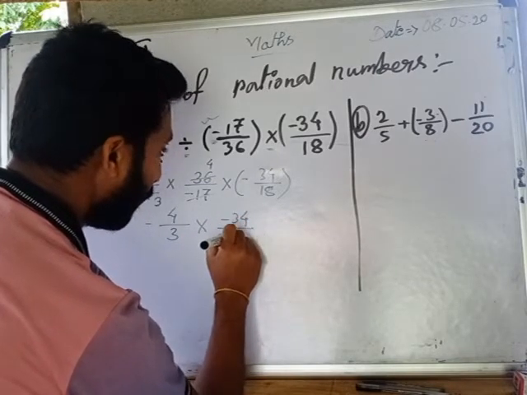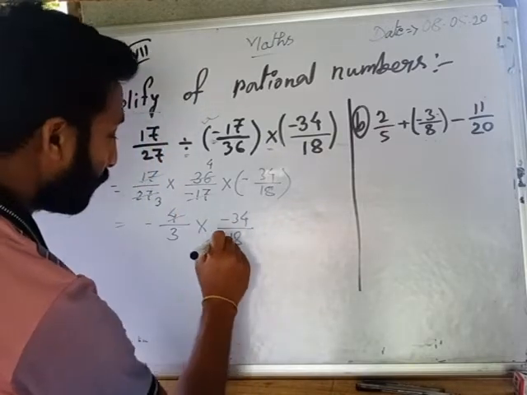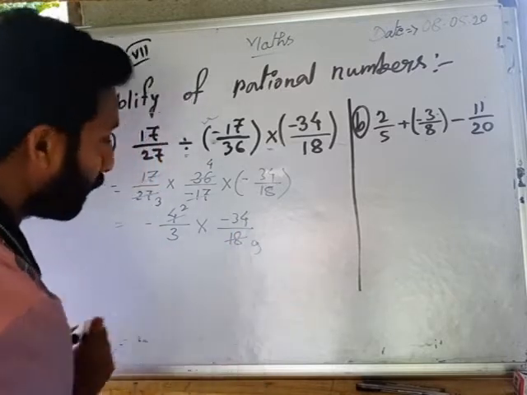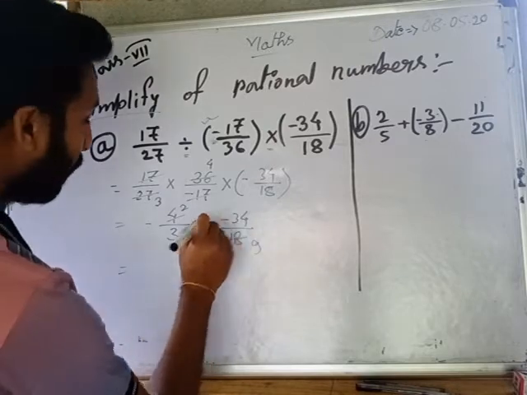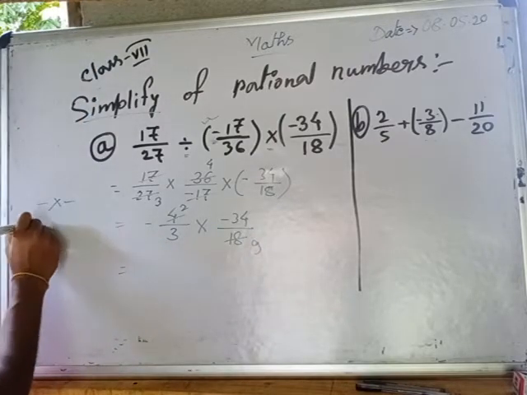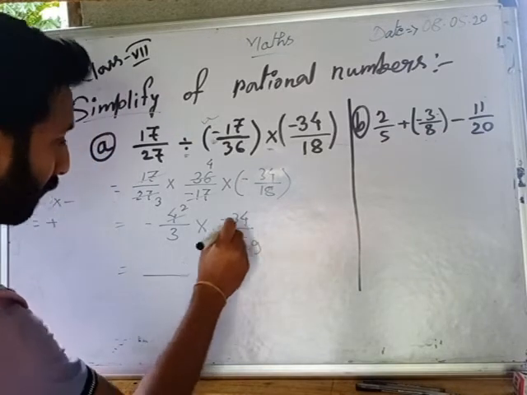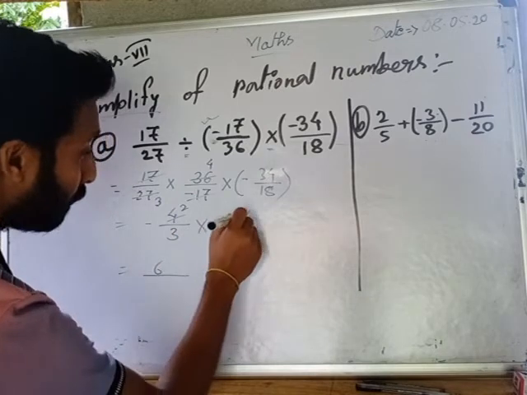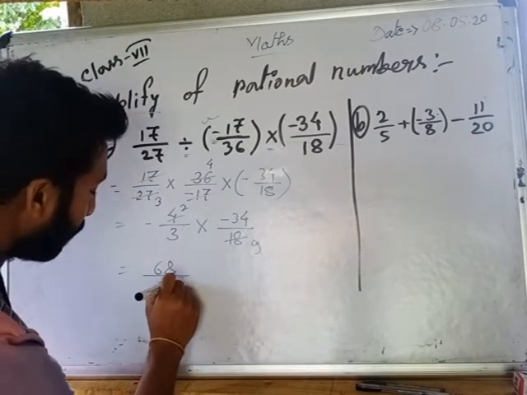Minus 34 by 18. So it is 2 2s are 4, 2 9s are 18. If minus multiply with minus, that is plus, so it is not needed to write it here. 34 2s are 68. 3 9s are 27.